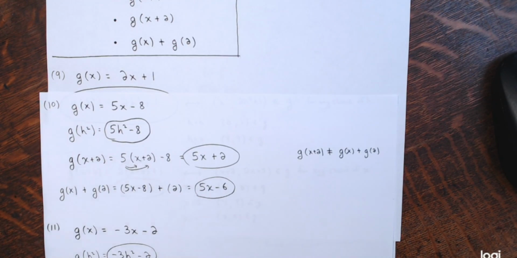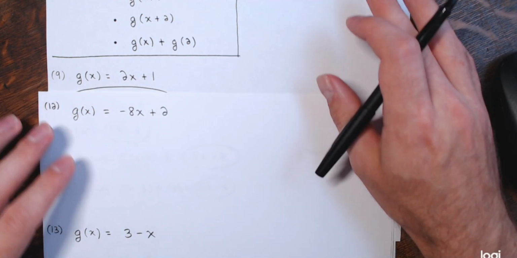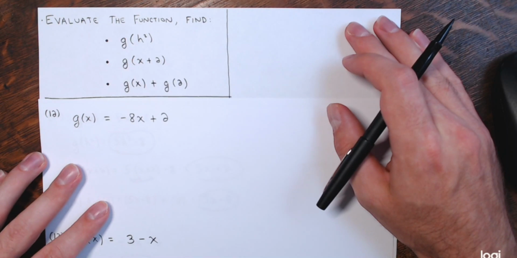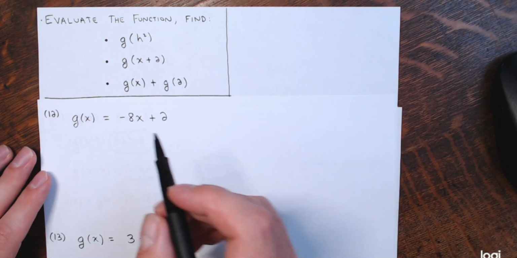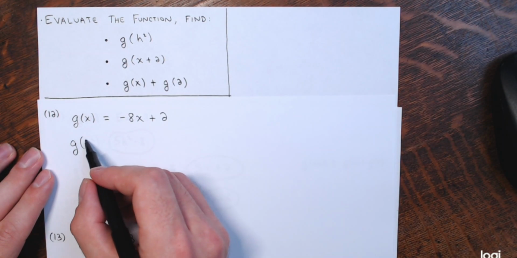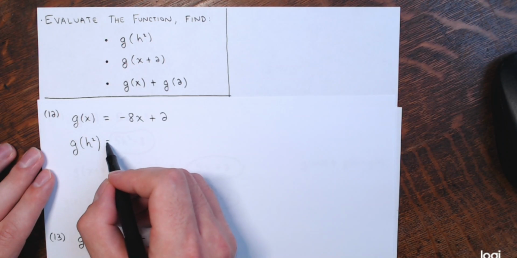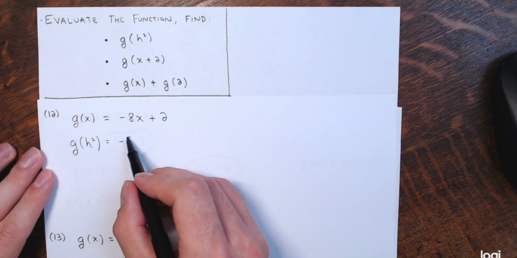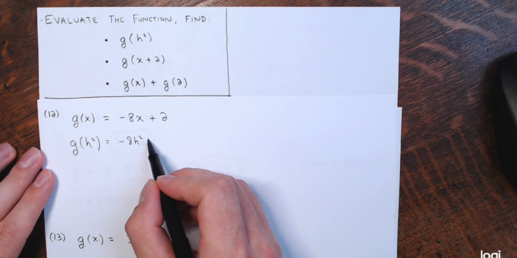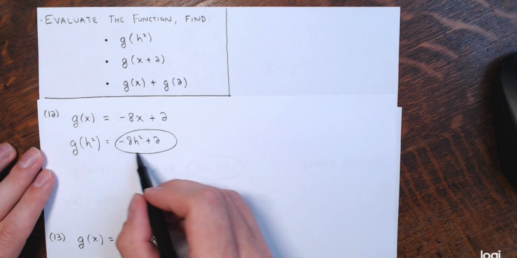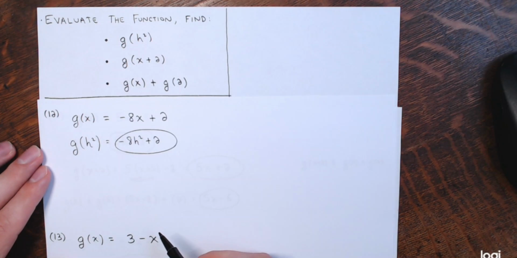All right, next example. Same three things asked for. G of h squared. Just replace the x with h squared. Negative 8 times h squared plus 2. And that's as simple as that gets.